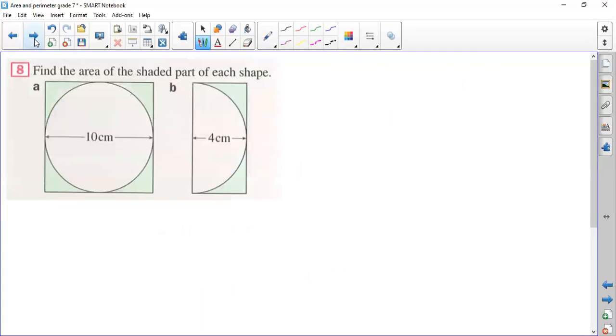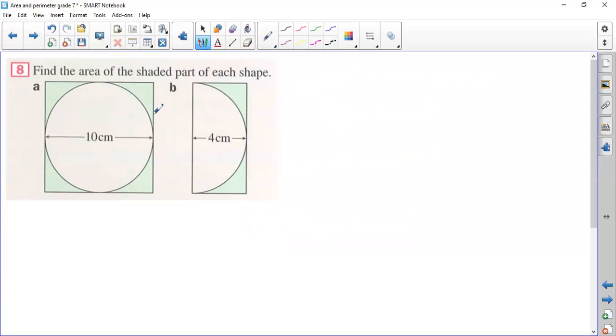And the last exercise that I want to solve with you is exercise 8. You have to find the area of the shaded part in each of these shapes. So what is given? It is given a square, and inside of the square I have a circle. We call this an inscribed circle because it touches each of the sides of the shape.